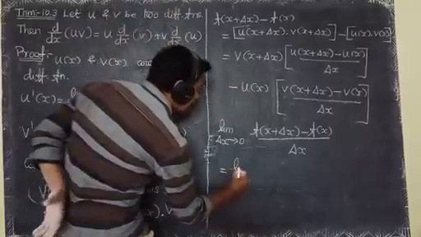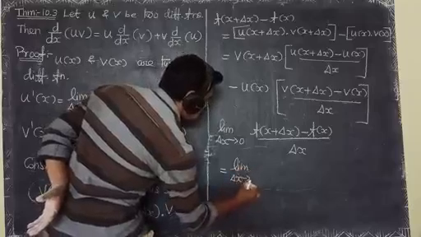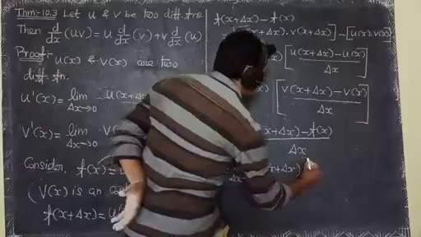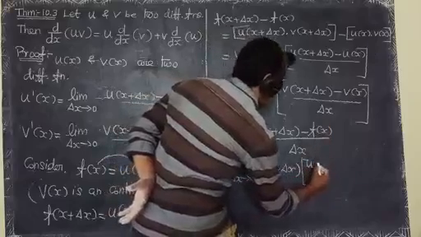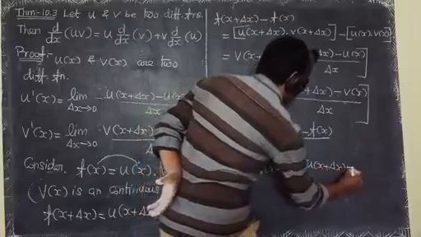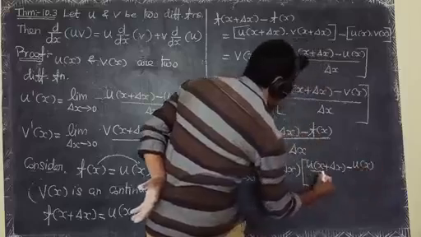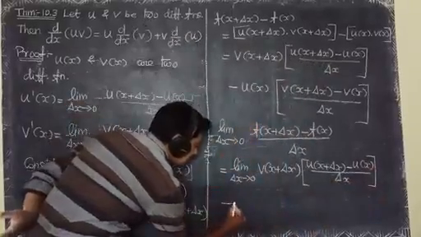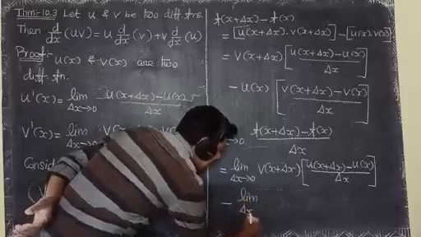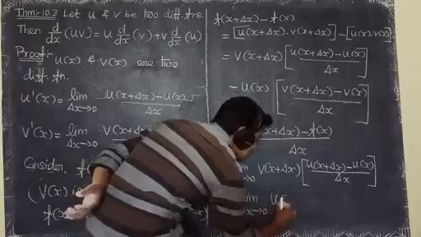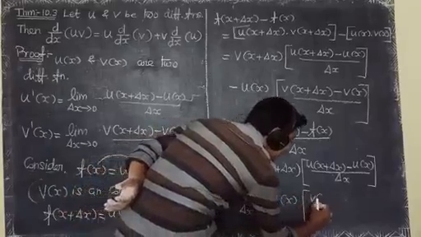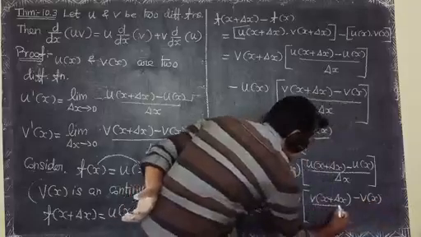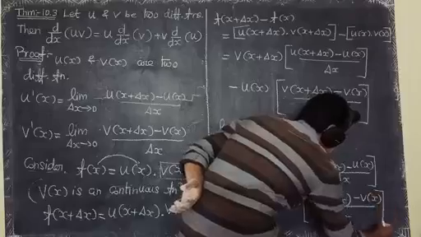Therefore, the limit as del x approaches 0 of v of x plus del x into u of x plus del x minus u of x, divided by del x, minus the limit as del x approaches 0 of u of x into v of x plus del x minus v of x, divided by del x.